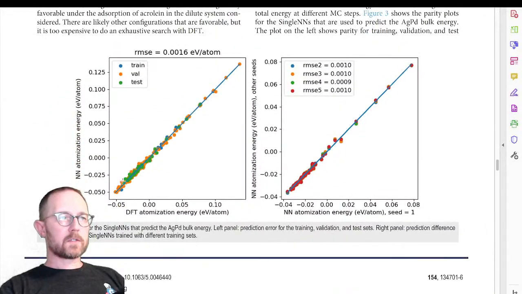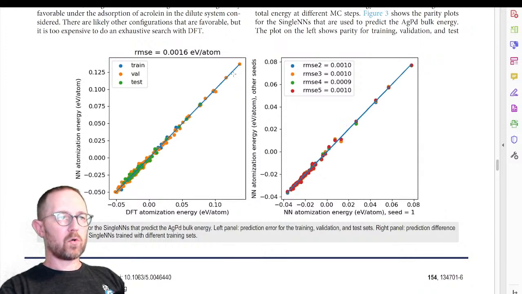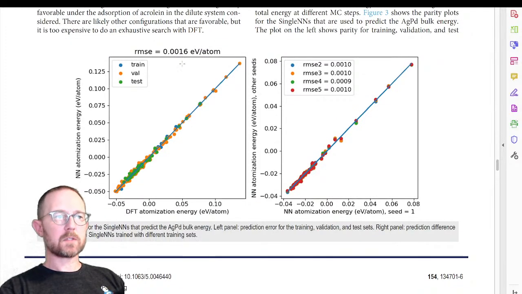All right, so this is just showing you what the parity plots of our single neural networks look like across the whole energy range. We see pretty good parity, pretty small errors of 1 to 2 meV per atom, and we look at this with a variety of different random number seeds, so that we can check and make sure that it doesn't really matter how we did the training.